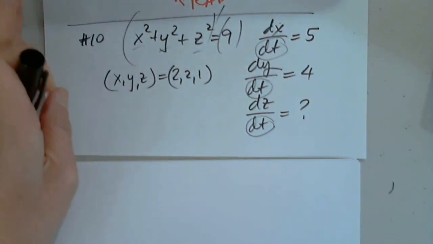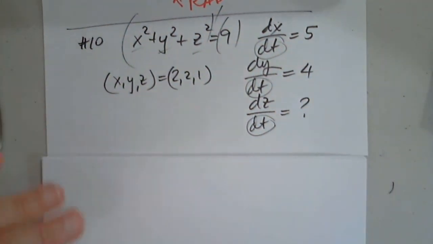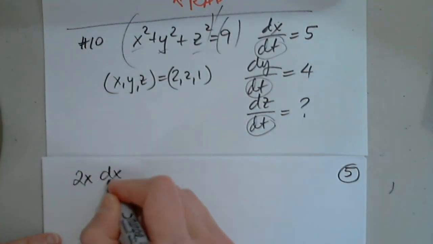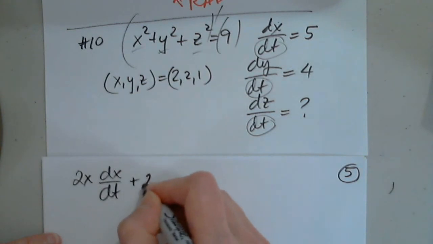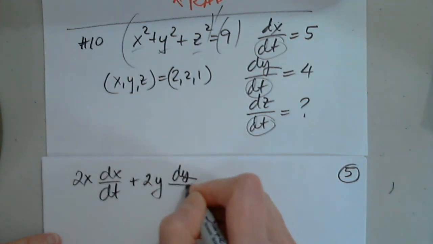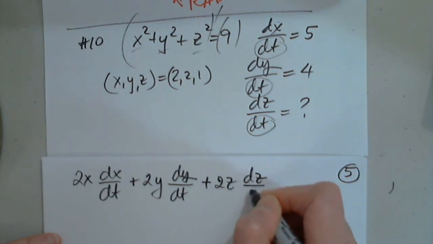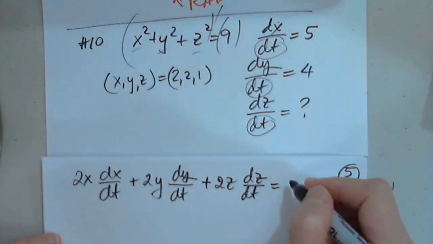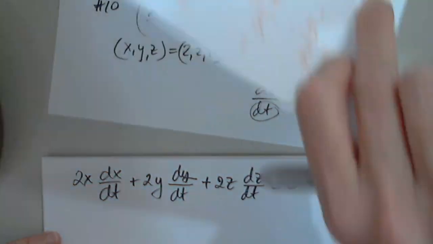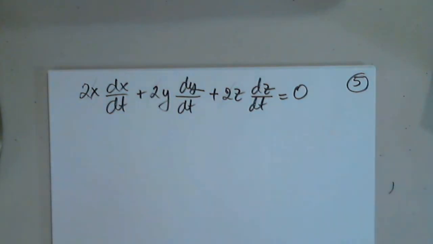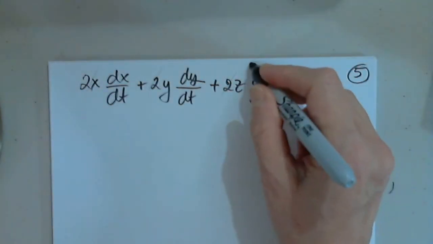So then we have 2x dx over dt plus 2y dy over dt plus 2z dz over dt, and the answer is 0. I will divide both sides by 2, and I will solve for this.